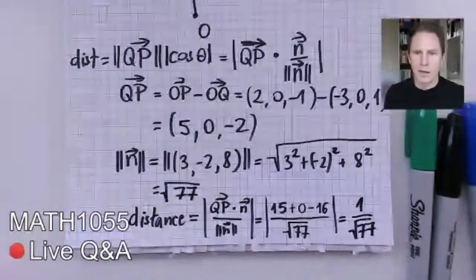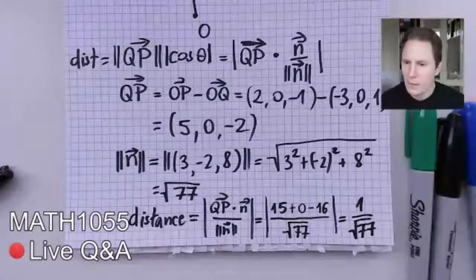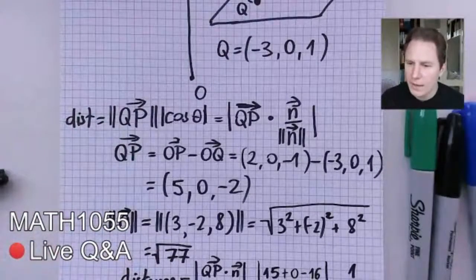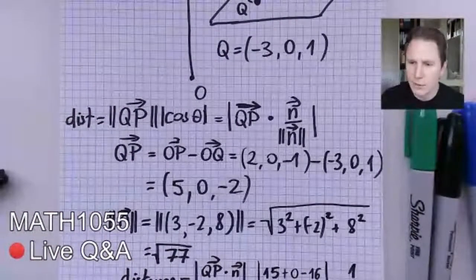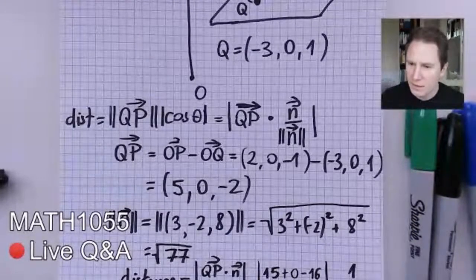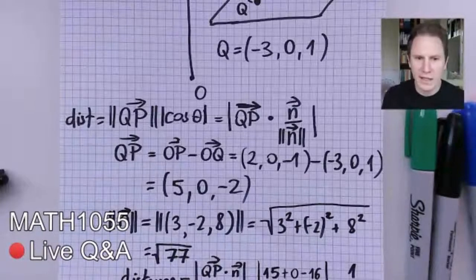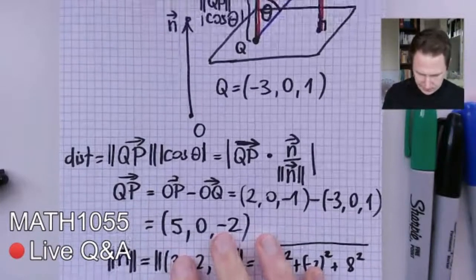Again, there's this question, why the cosine of theta is equal to n divided by its length. I didn't say that cosine of theta was equal to that.